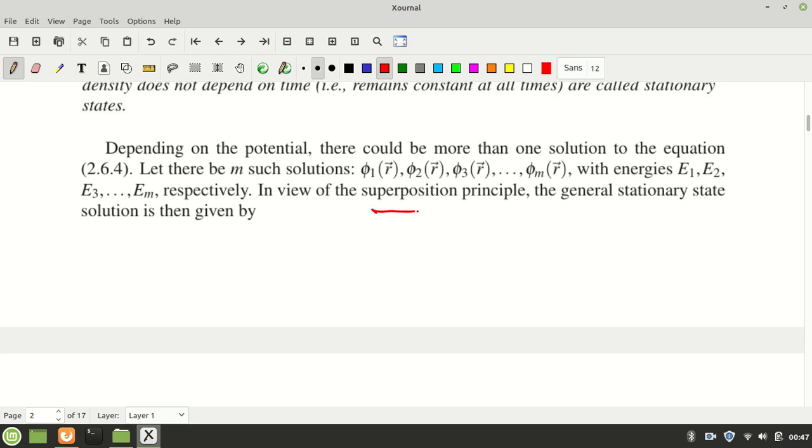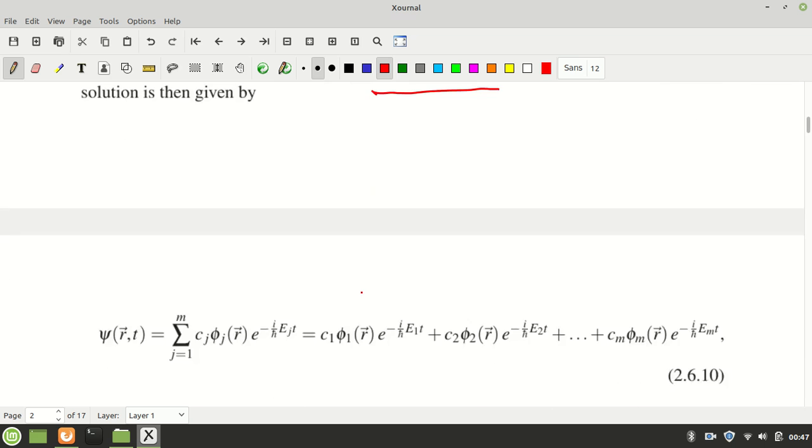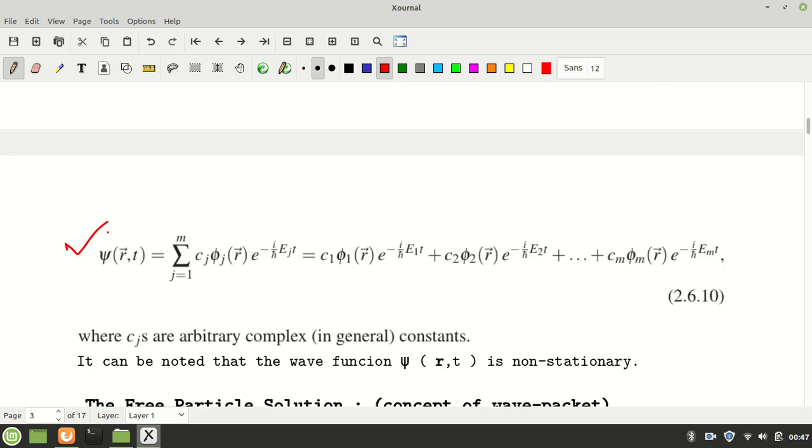So the superposition principle leads you to the general solution psi(r,t) as a superposition of all those phi(r) into e to the power minus iEt by h cut, taken into the linear superposition, where C is the linear superposition coefficient, that is, the expansion coefficient you can say, and here you can see the explicit form of the expansion.